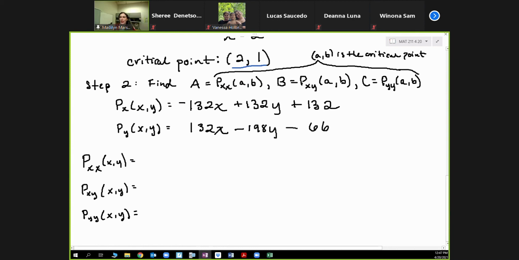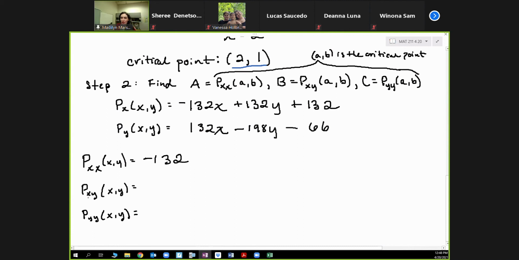So for P_xx, we already know the partial with respect to x, so we would start with that and do it again. And in that case, we just have 132. So again, we don't have any variables in there.